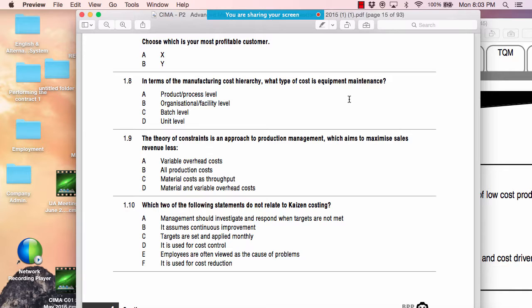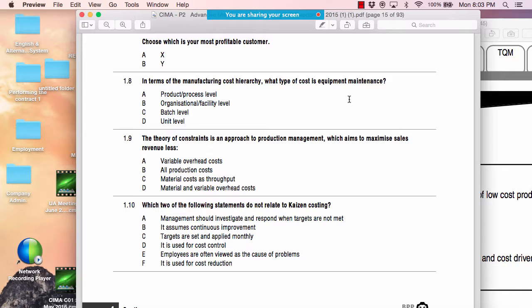I took C. And Elaine? C as well. Right. The answer is D. The theory of constraints is an approach to production management which aims to maximize sales revenue less. Again, a definition, right? So read up on it.